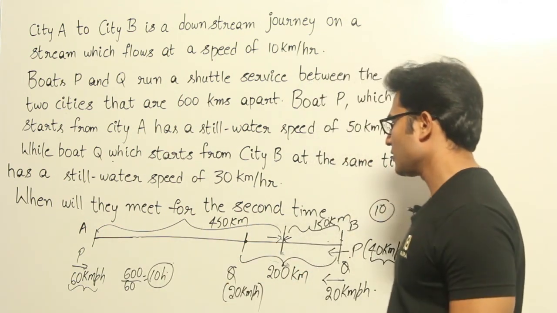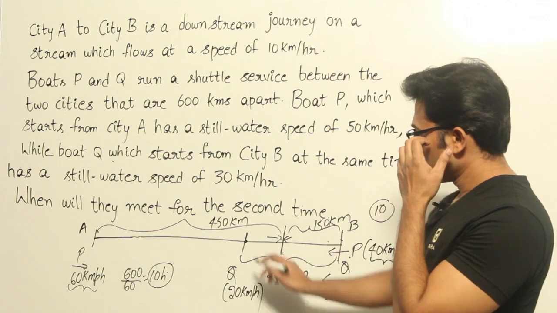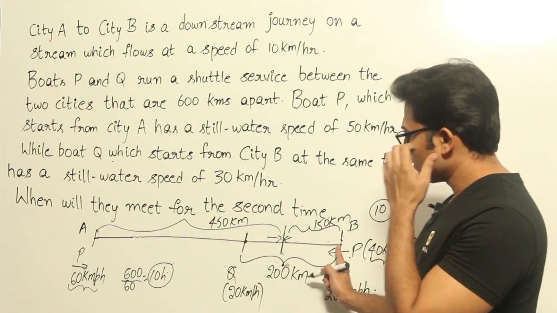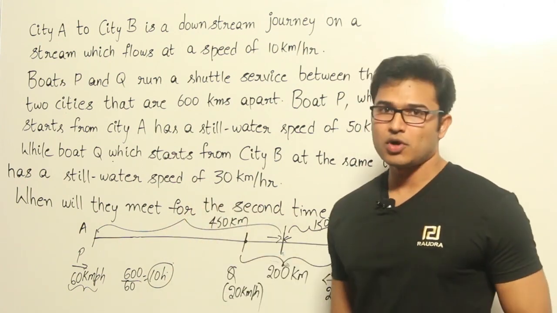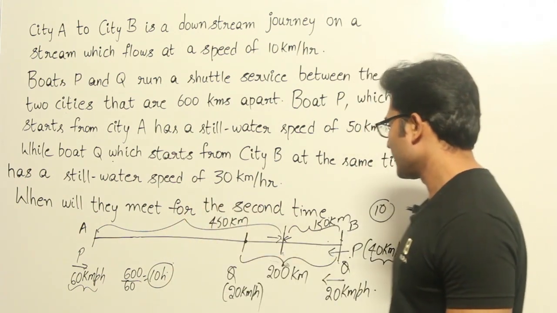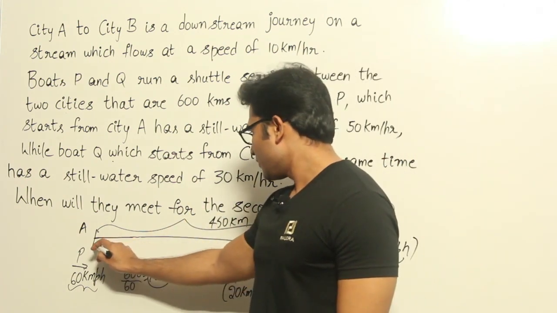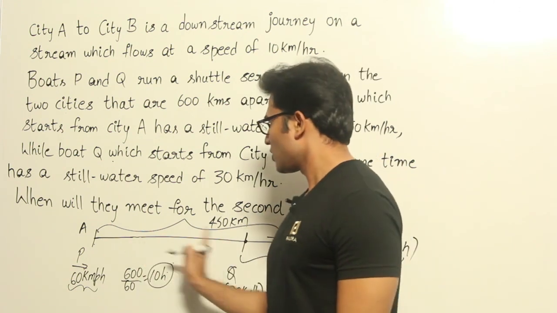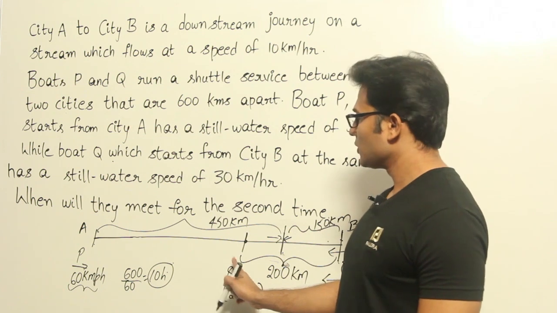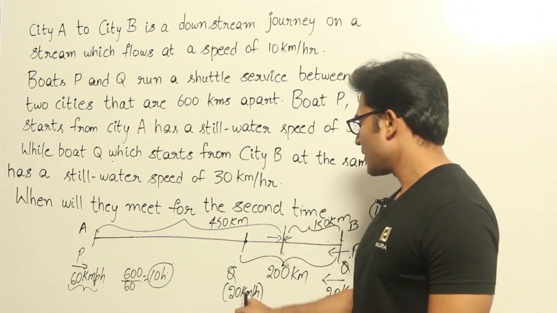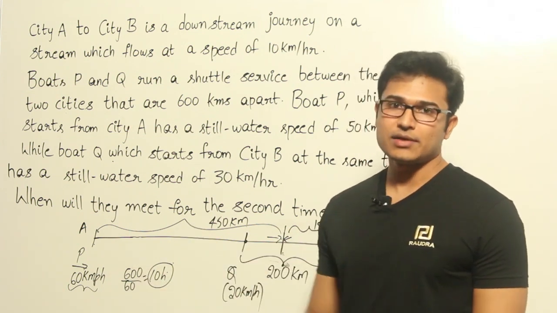So we don't know exactly what will happen. So let's see whether P has the capability to overtake Q or not. Now if you observe it, Q has to still travel 400 kilometers in order to reach A, right? So what will be the time taken by Q in order to reach A? 400 by 20, which is 20 hours, isn't it?